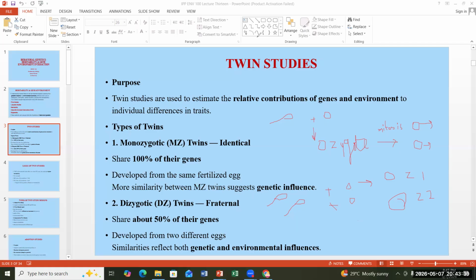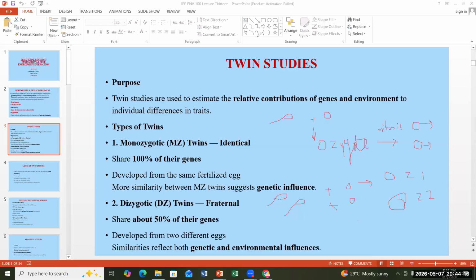It is likely that the examiner may ask you to differentiate between monozygotic and dizygotic twins. It can be a very simple question. Or maybe a case study is given where you receive the data of a twin study that is conducted, and the two individuals show similar traits or differences in their traits.